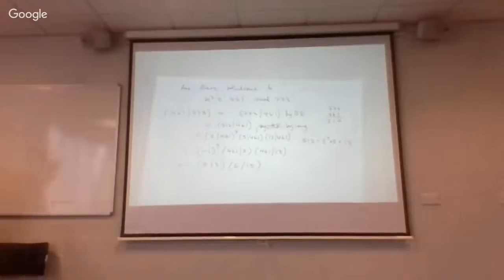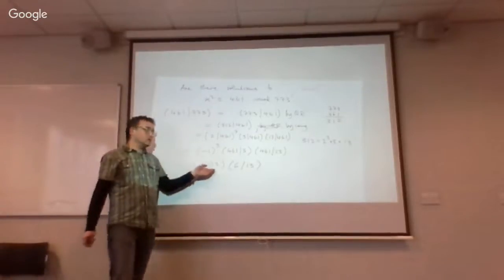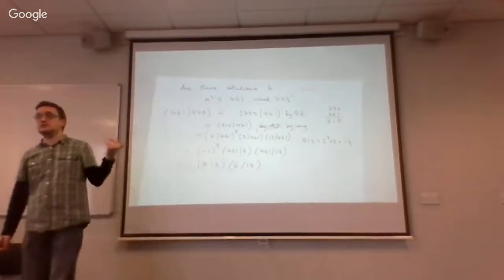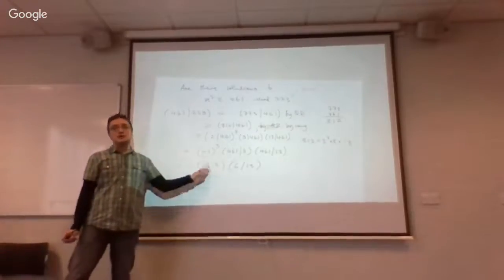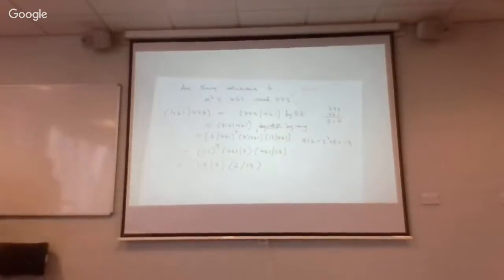Now, in our previous example, we observed that 2 is not a quadratic residue modulo 13, so that Legendre symbol is minus 1. So the 2 minus signs are going to cancel.